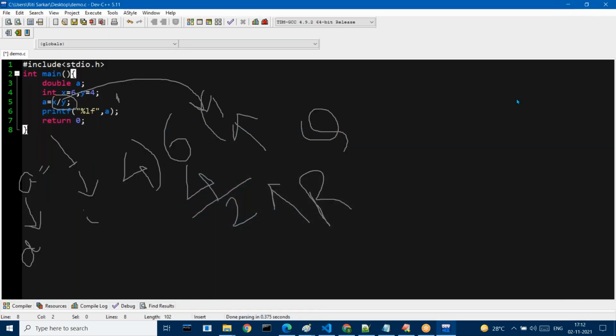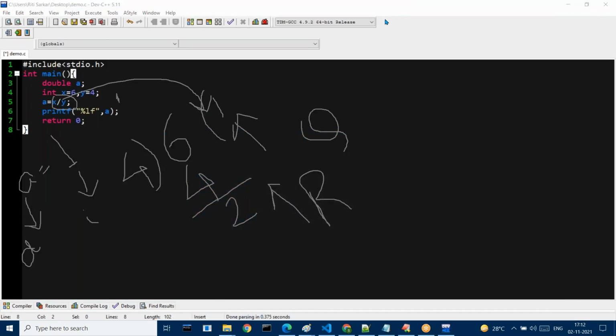And the value of A, after conversion, will become 1.000000. How many zeros? 6 zeros. Why 6 zeros? That's a convention. For any real number, after the decimal point, 6 zeros get printed. That's a convention.